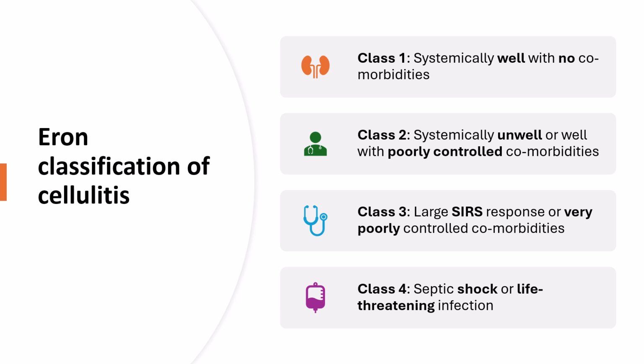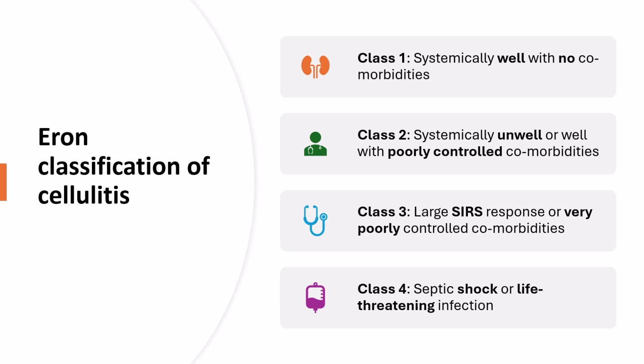In order to manage a patient, we need to keep these classifications and some scoring in mind. I will talk about them one by one. First, I'm going to discuss the Eron classification of cellulitis, which is also according to our NICE guidelines, UK. The ASSET score is also available to help guide us whether to start oral antibiotics or IV antibiotics. So here we are going through the Eron classification of cellulitis.